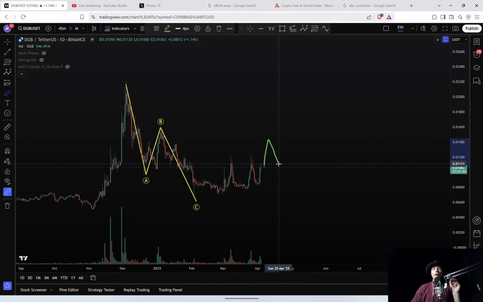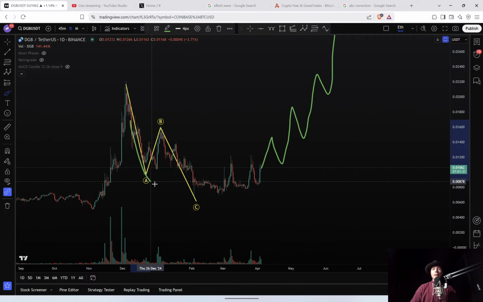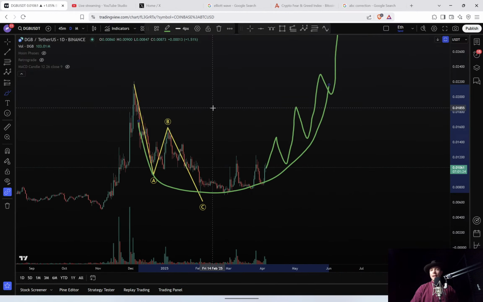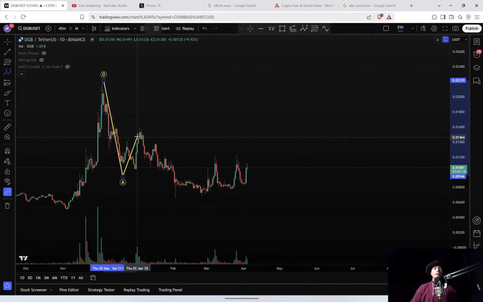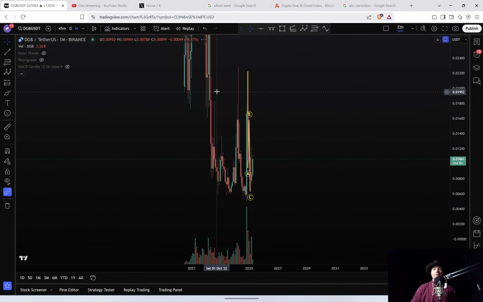Now, it's not going to go straight up probably. It's probably not going to do this, right? But it probably will do this. Something like this, and start to break out and see a big rounded bottom for Digibyte. So yeah, I really, really like that ABC correction here. And by the way, this ABC right here is a little version of what's happening in the bigger time frame for Digibyte as well.